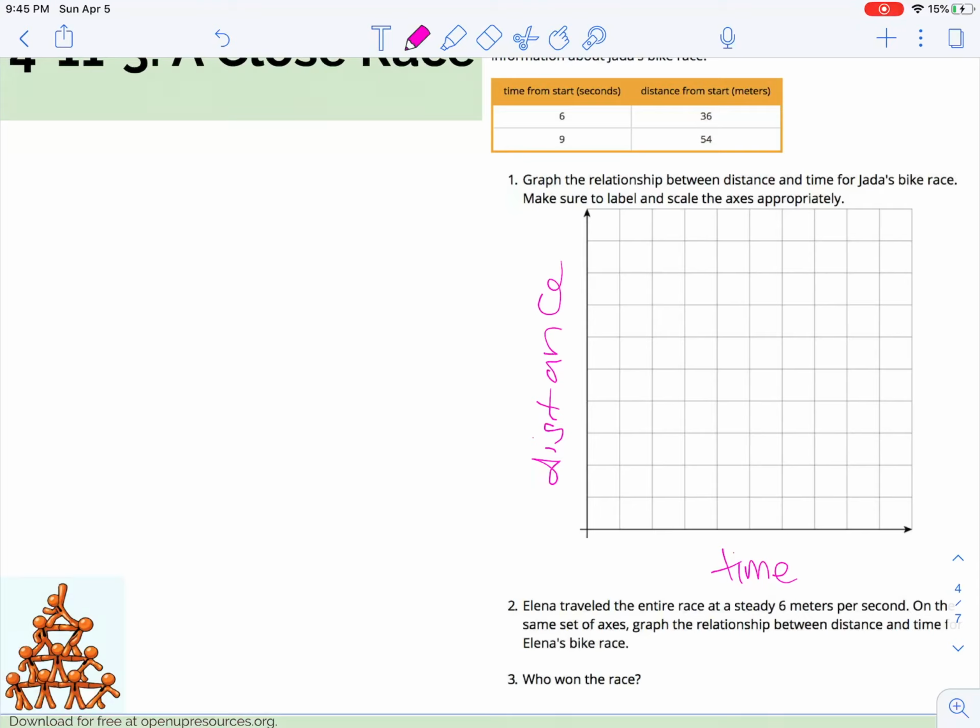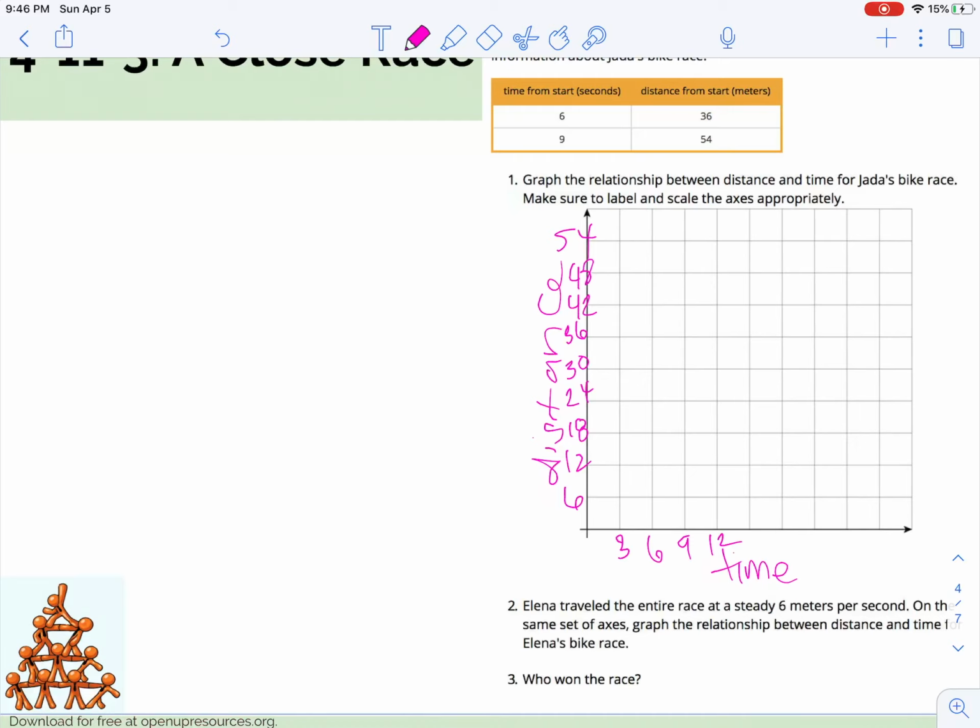So then you just go and you can make a scale. So you can say like, okay, the seconds go maybe by 3, so it could go 3, 6, 9, 12, so on. And then we have to get up to 54. So maybe we go by 6s. We go 6, 12, 18, 24, 30, 36, 42, 48, 54.